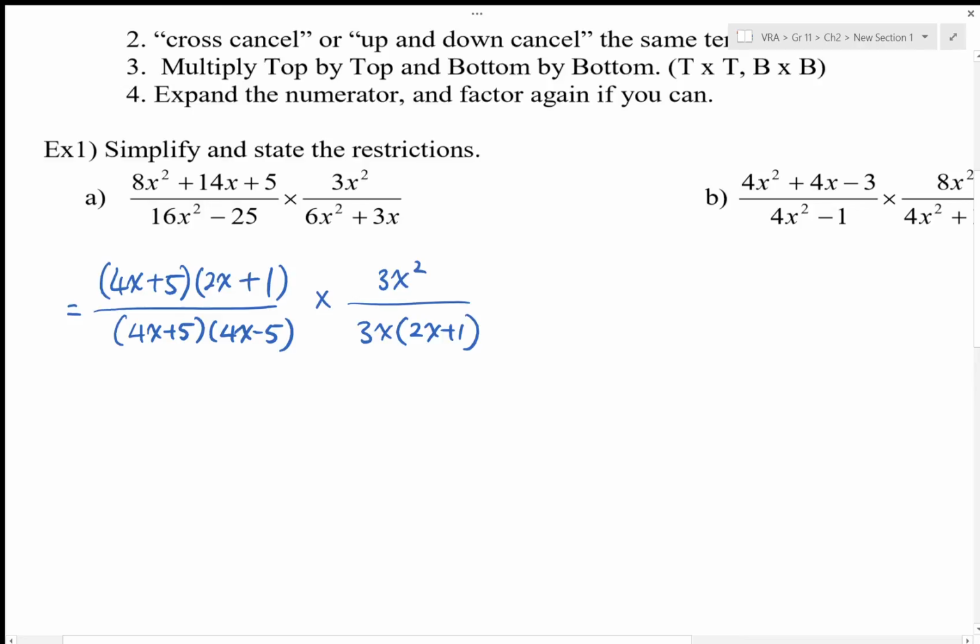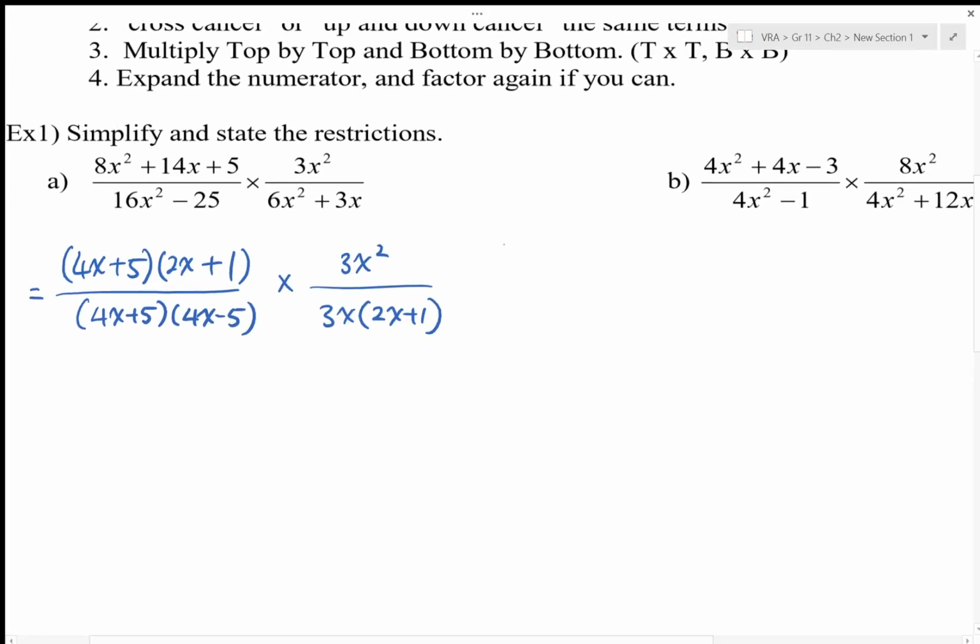Now we can cancel, but again, before you cancel, you list the restrictions. The restrictions are: x cannot be negative 5 over 4, x cannot be positive 5 over 4, it cannot be 0, and it cannot be negative 1/2.